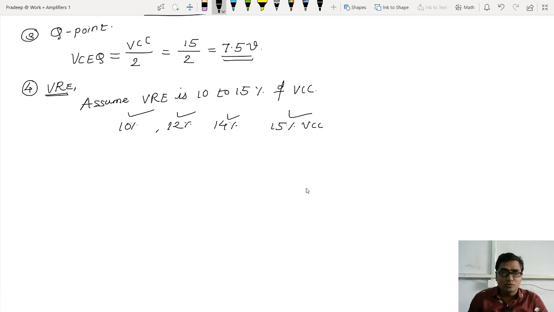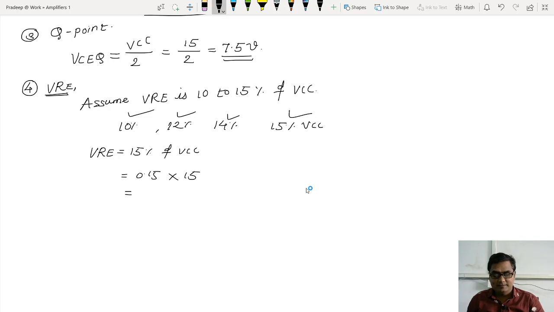Now I'll go with VRE as 15% of VCC. So if it is 15%, it means 0.15 multiplied by VCC. What did we assume? Yes, it is 15. So 0.15 multiplied by 15, then 2.25 is the value.